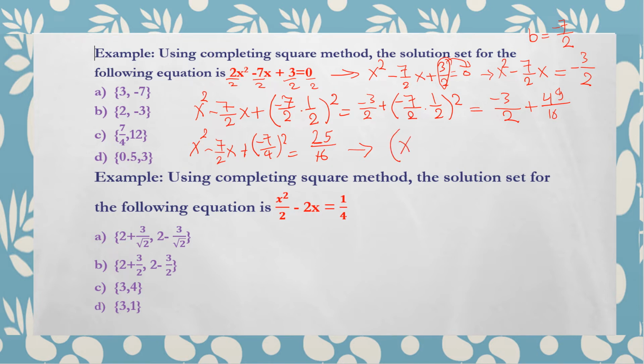Putting x minus 7 over 4 all squared equals 25 over 16.